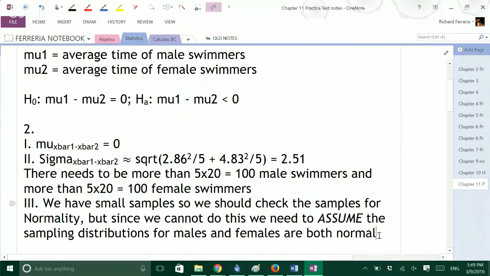So if we were able to, we would be checking sampling distributions. But since we cannot, we're going to just have to say assume that the sampling distributions are normal.